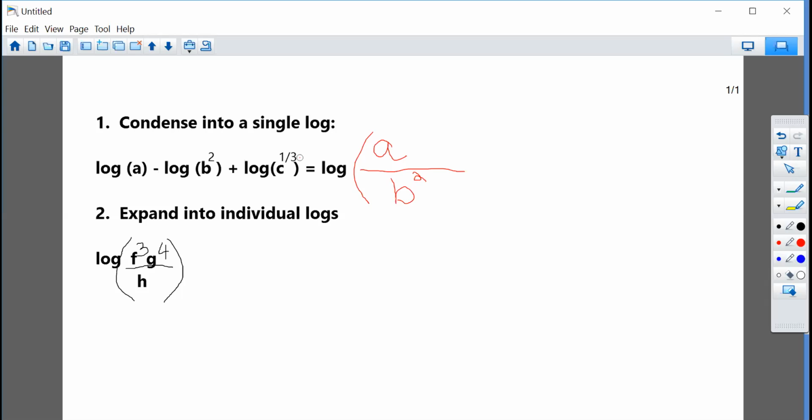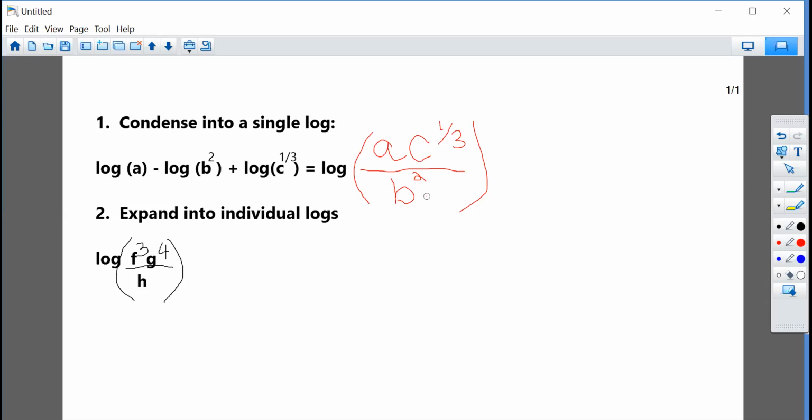Okay, so it is multiplied inside that single log. Okay, so we'll have log of A times C to the 1/3 all divided by B squared. Okay, questions here?